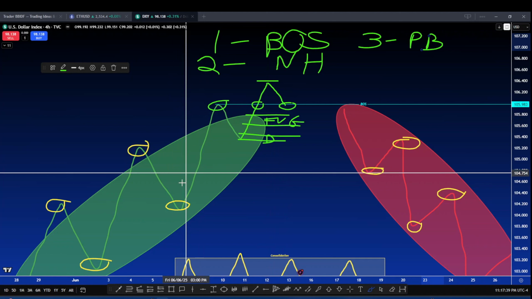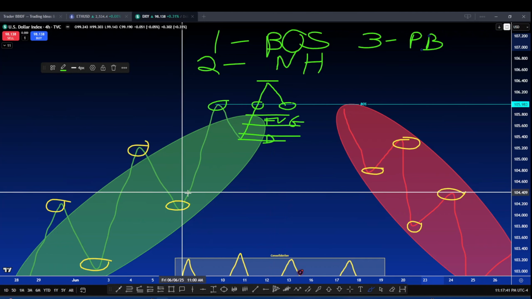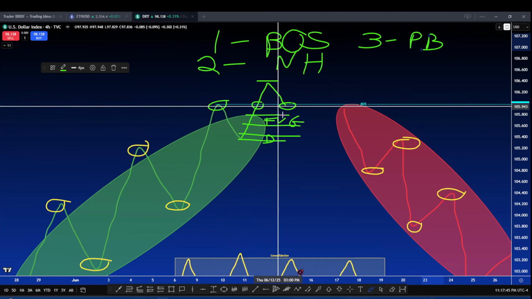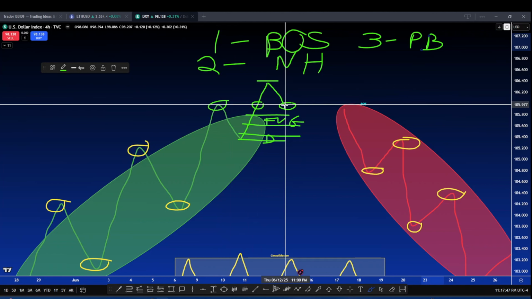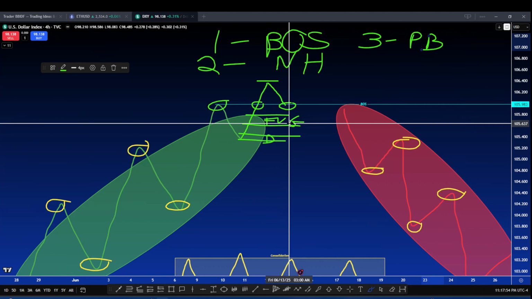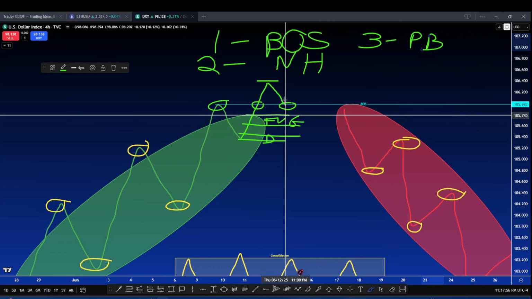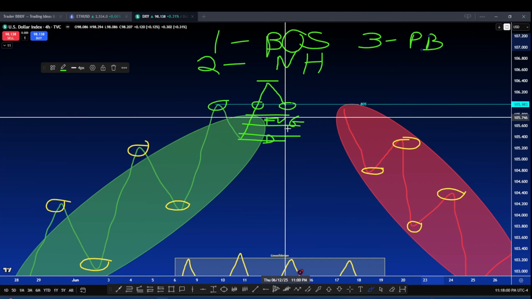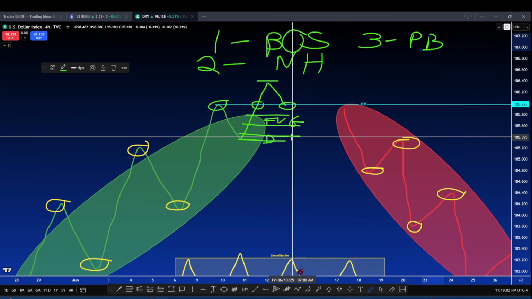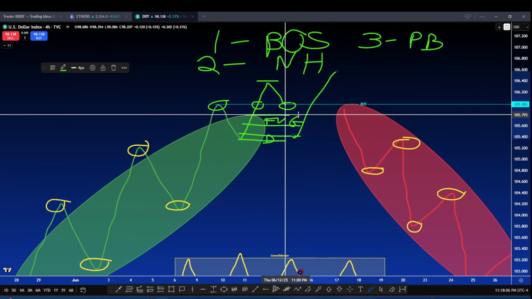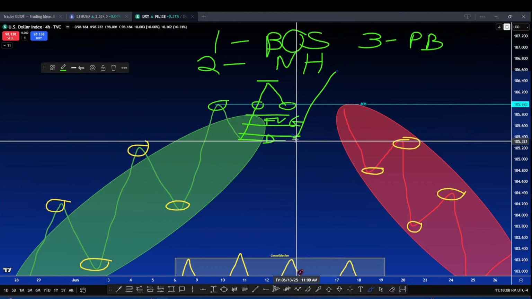So when we understand market structure and we can read it well, we've got run, pullback, and that pullback typically happens in 3 ways. It either goes to the area that we broke, it goes to the fair value gap, or it goes to the demand area. And from one of these key areas is where price will eventually reverse and start to go up again. So you're looking for your buying opportunities from these areas.